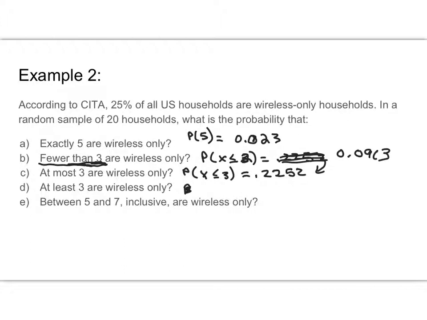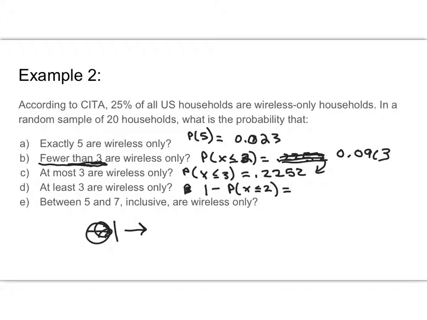So if I use the cumulative distribution table, again, because it's going to calculate everything from left to right, I'm going to have to subtract this section. So at least 3 includes 3, so from the cumulative distribution table I want to subtract everything less than or equal to 2.